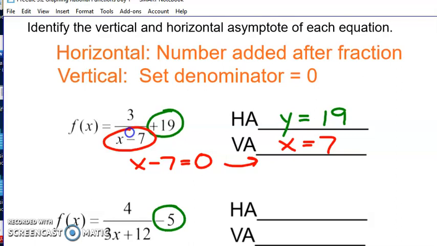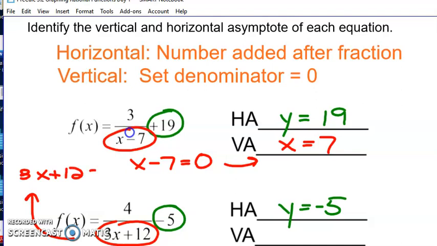In the next one, horizontal is -5. The vertical, well, if we set this equal to 0, 3x plus 12 equal to 0, 3x equals -12, x is -4.